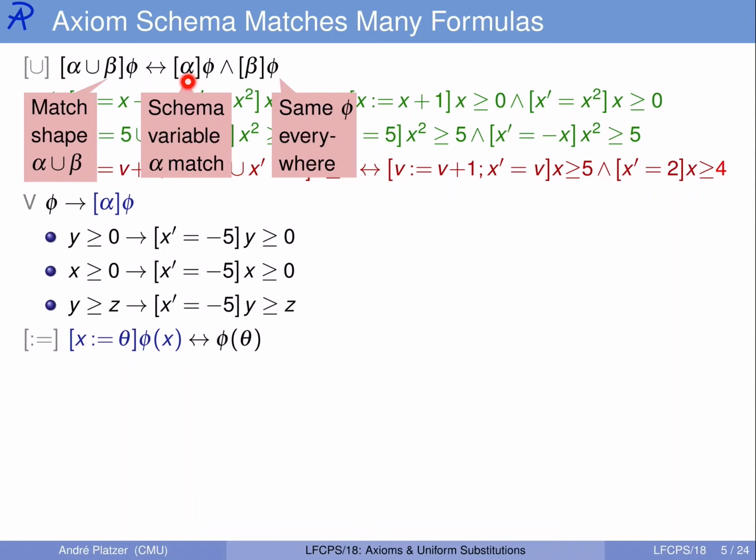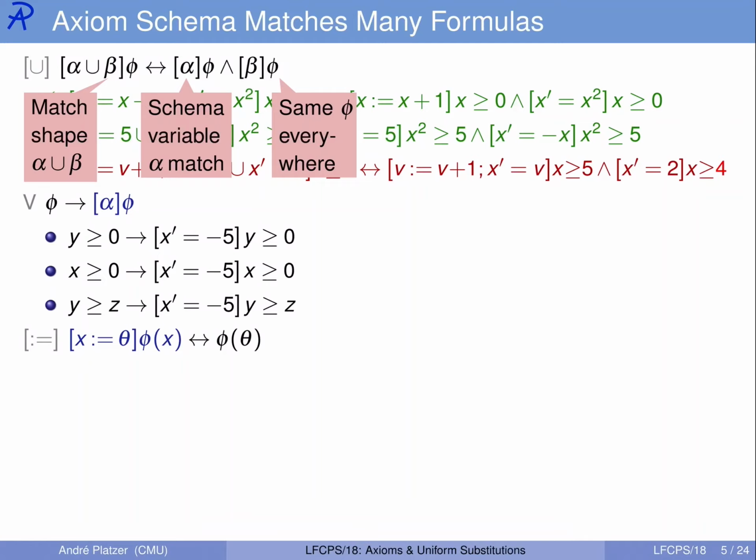So we need some schema variable matching mechanism for this. And of course, we also need to make sure that, for example, the exact same choice is chosen for the schema variable phi in all of those 3 occurrences. Otherwise, it isn't an instance like that. So even in such a simple case, do we still need to pay some attention to what we're doing here?